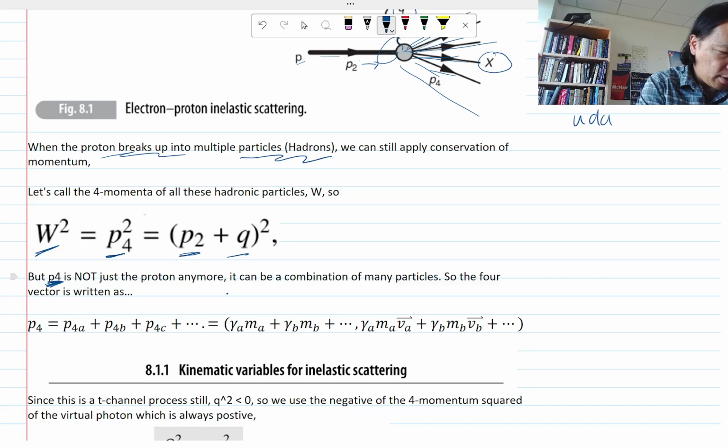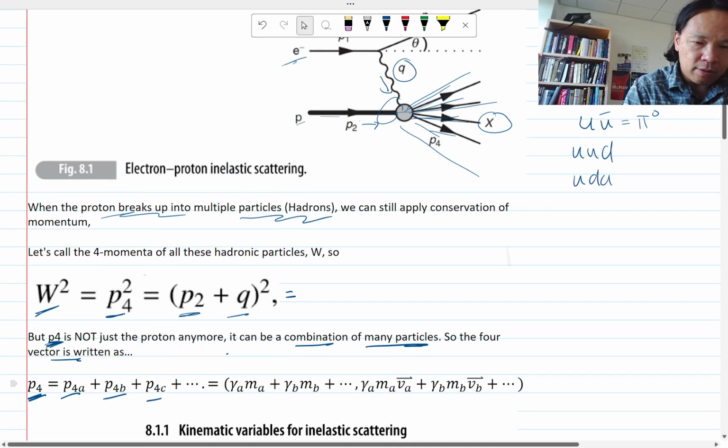It's a combination of many particles. So the four-momentum squared, whatever this value is, is actually not just the mass of the proton, it's the mass of a bunch of other things. Specifically, P4 is the four-momentum of some particle A, some particle B, some particle C, some particle D.